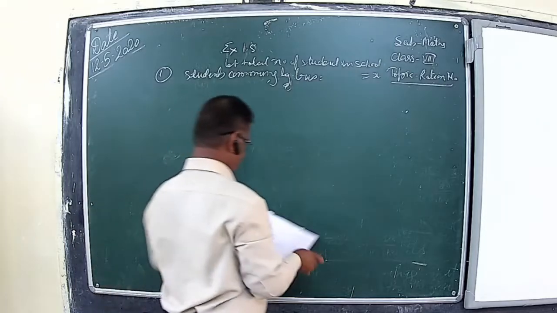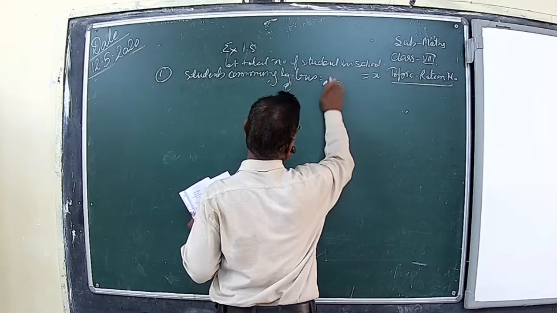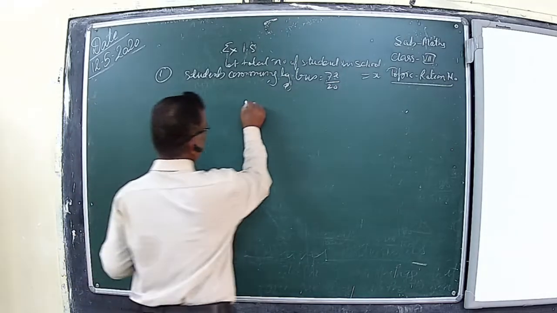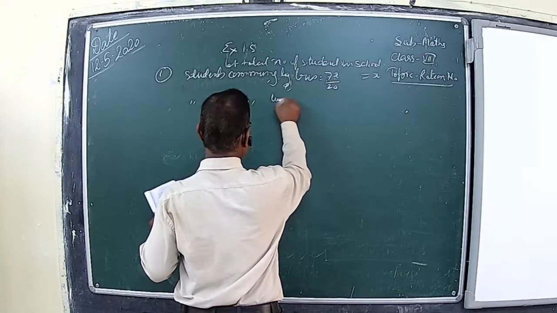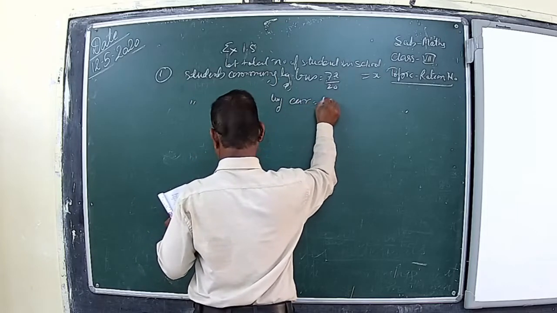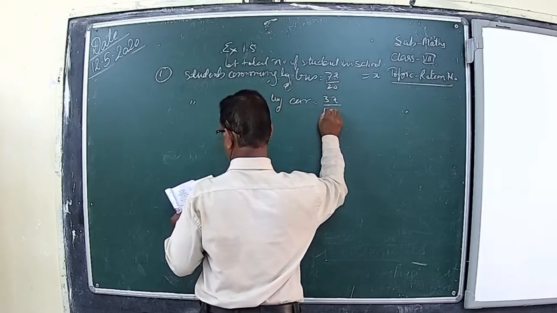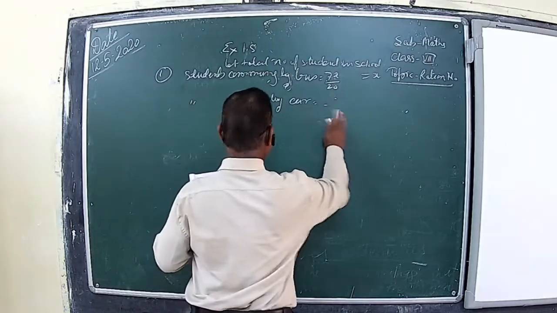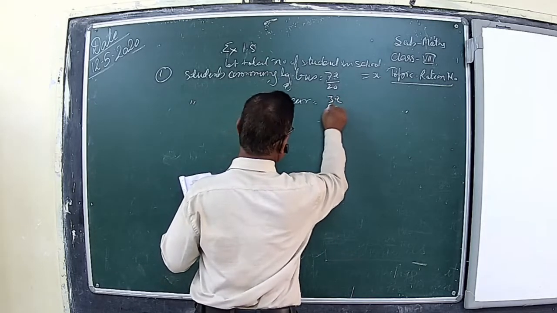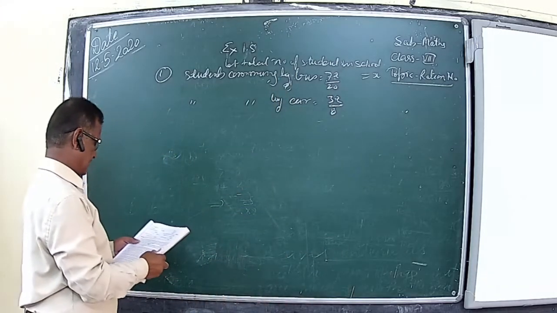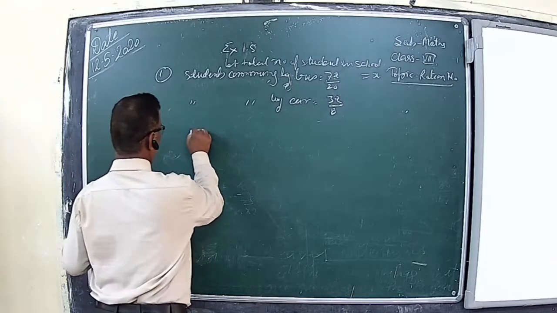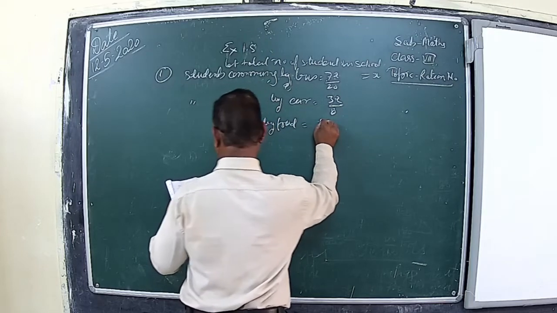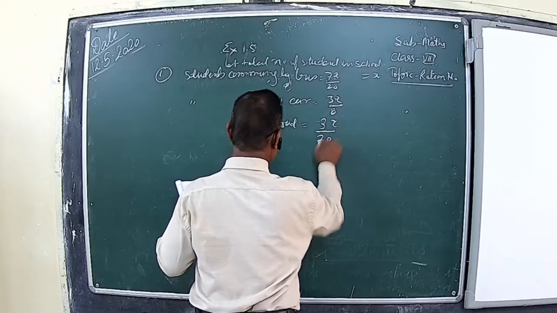Then students coming by bus is 7x by 20, and students coming by car is 3x by 8, and students walking by foot, 3 by 20 of the students walk to school, is 3x upon 20.